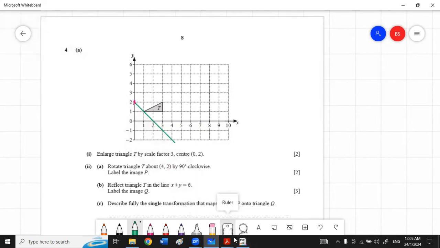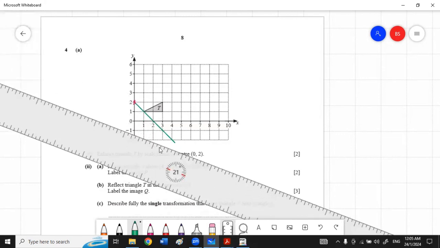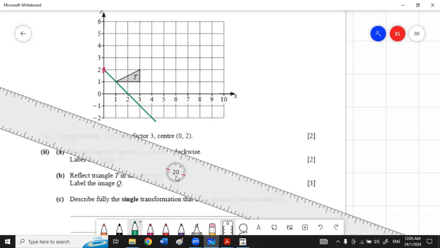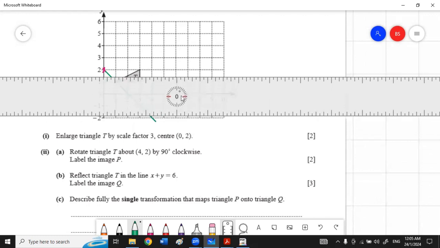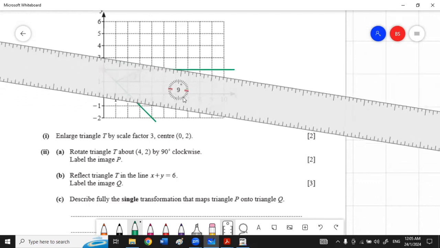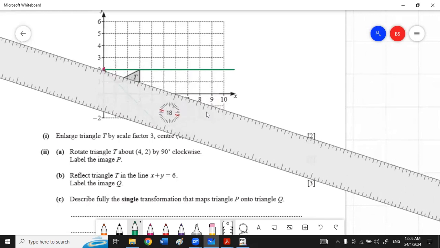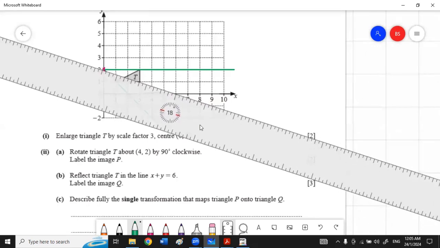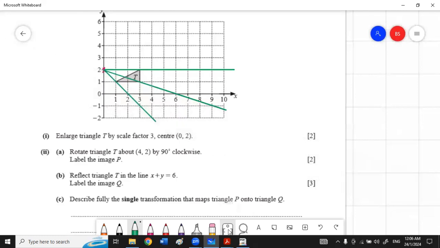So this point will be 1, 2, 3 here. Okay.